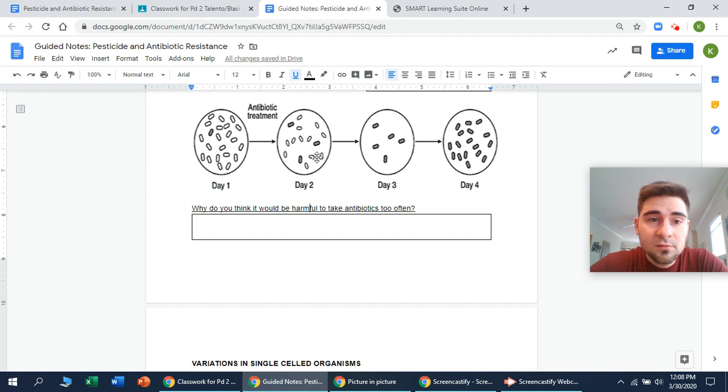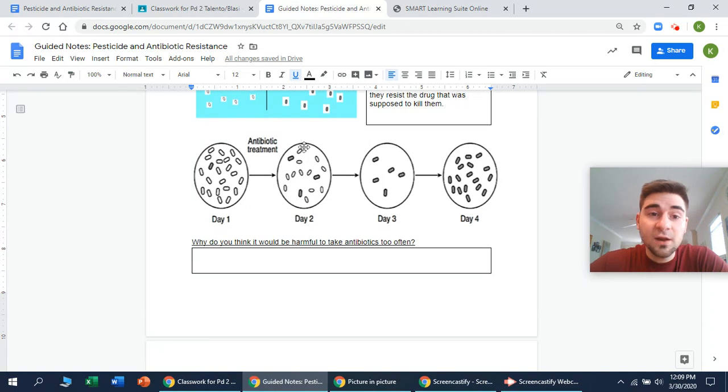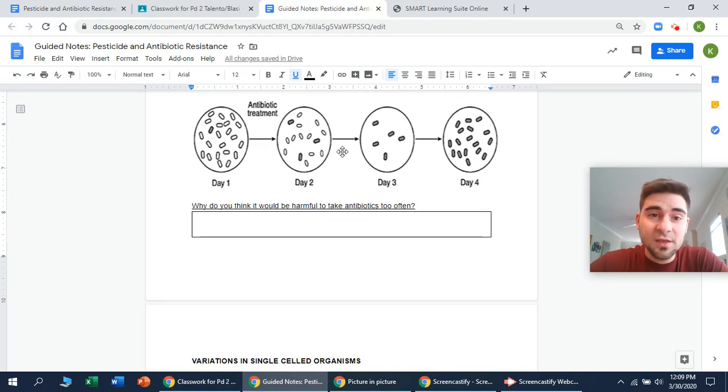Second day, after treatment with antibiotics, a lot of the ones easily killed are killed. There are now more with resistance. Third day of treatment, now it's only the resistant bacteria. And the fourth day, the resistant bacteria don't care that there's antibiotic, they survive, and they reproduce even more.